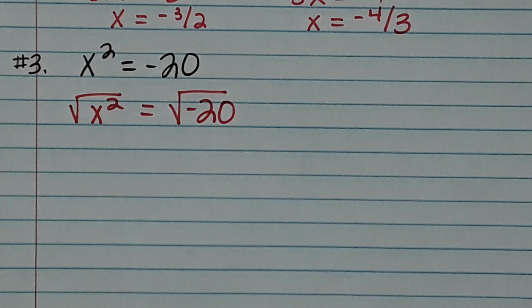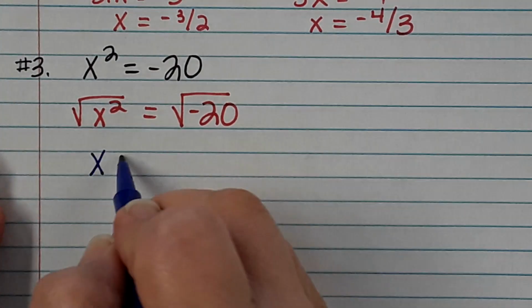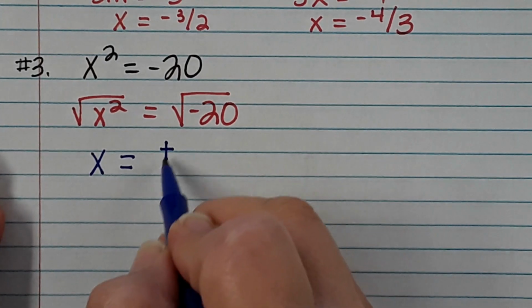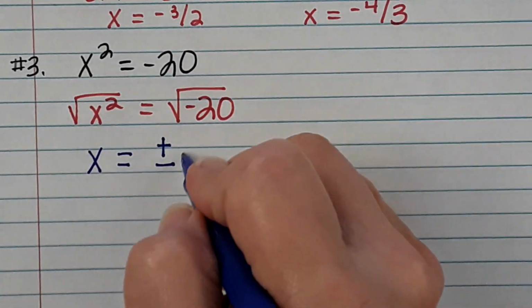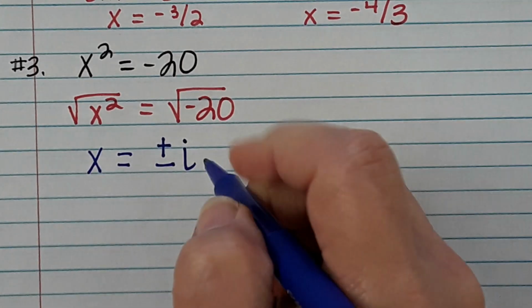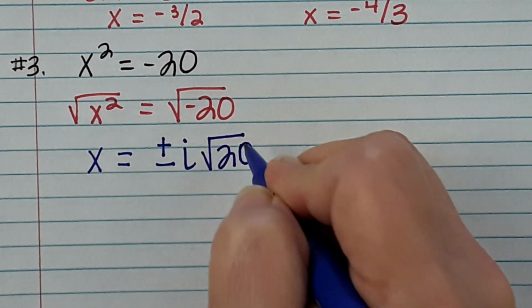And because you're taking the square root of an x squared, when you get your answer, you're going to have a plus or minus. Because it's a negative 20, I'm going to pull out an i, because the square root of negative is i, and I'm left with 20.